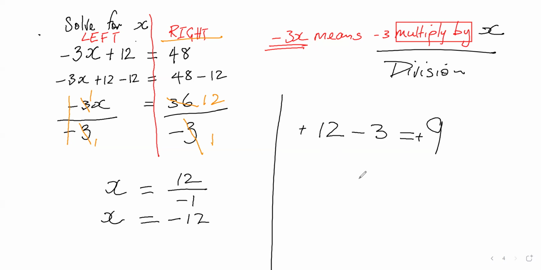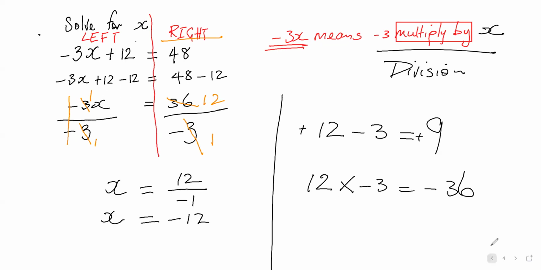But when you are doing multiplication, or division, so 12 times -3, the answer is actually -36. So the same rule for division is the same rule for multiplication. So if I'm dividing by a negative number, the answer is still negative.